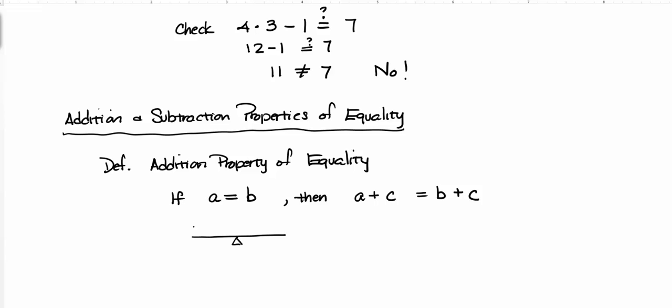I have some block A that's perfectly balanced with block B. If I put another block C on A's side and another block C on B's side, it's still balanced.